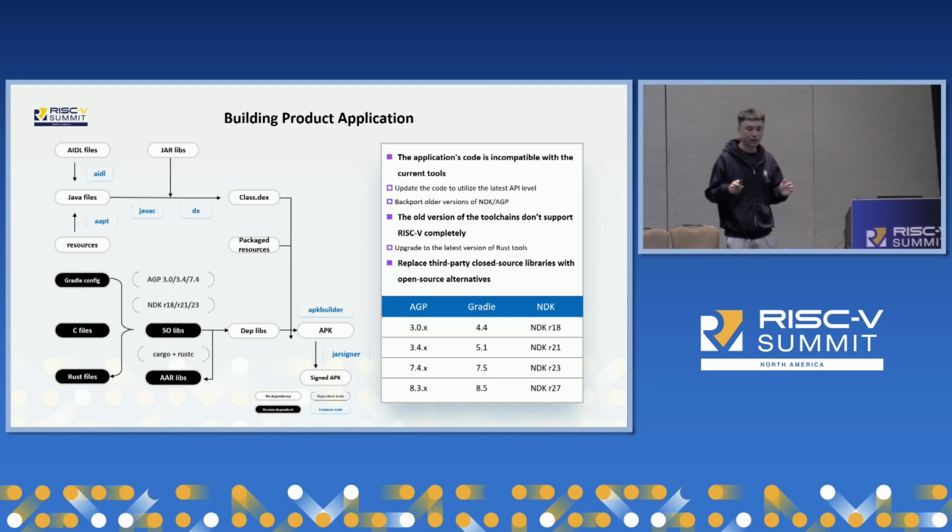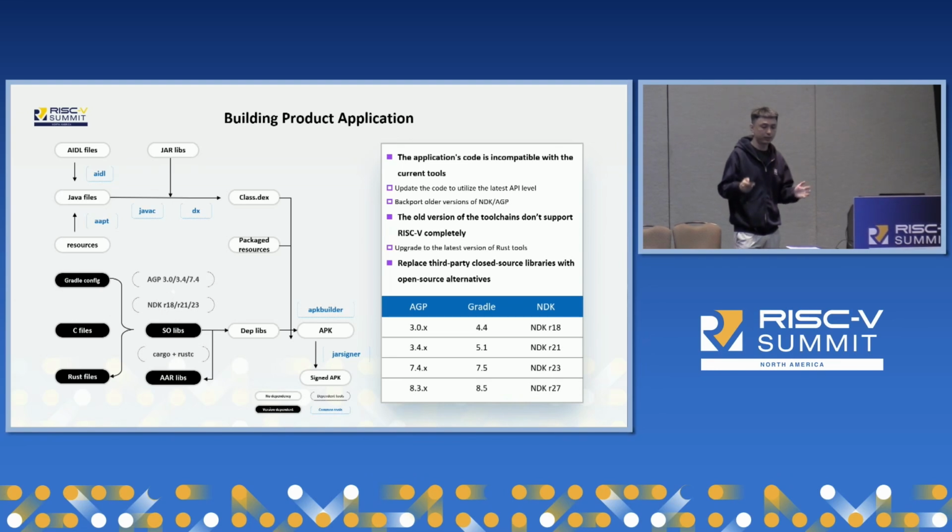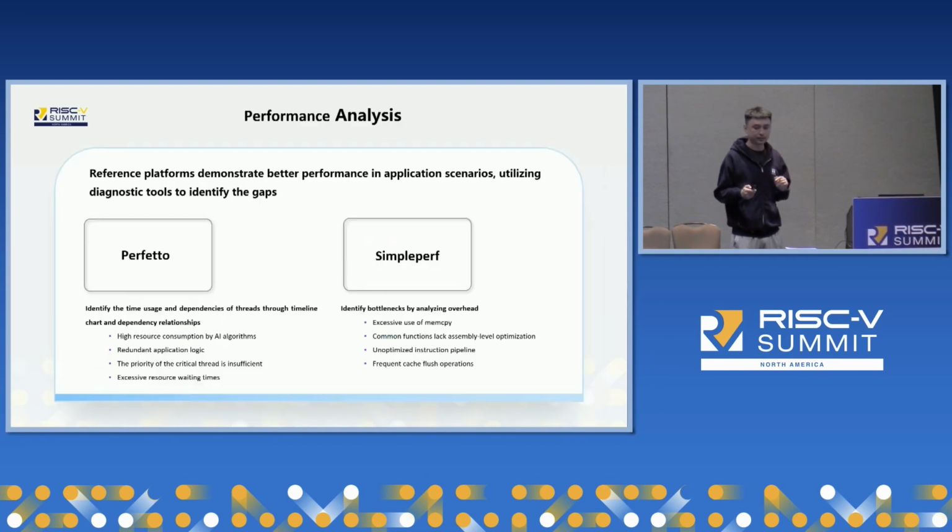There are also some third-party closed source libraries for ARM-based systems that you need to port to RISC-V or replace with open source alternatives. When you finish that, you will successfully build your image, and you have the first step.